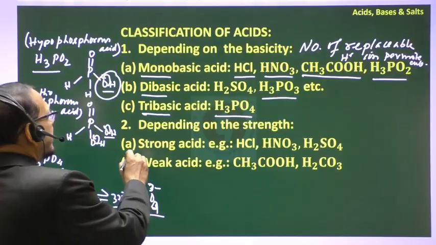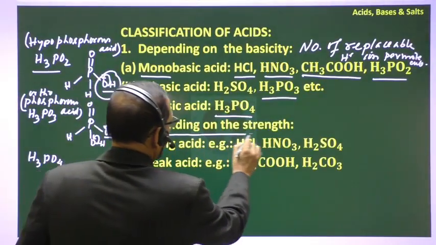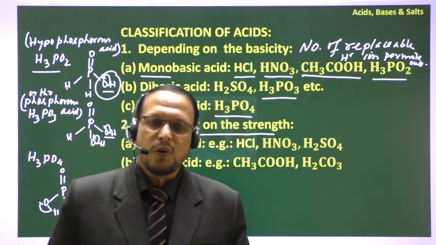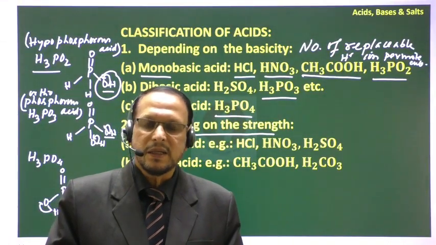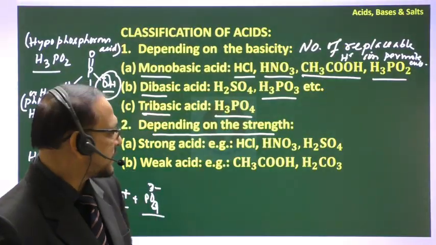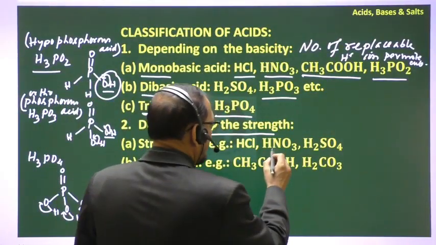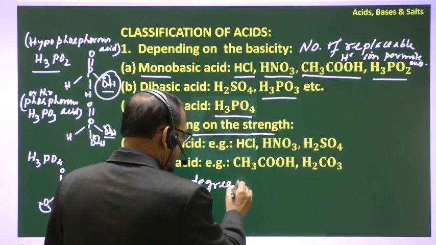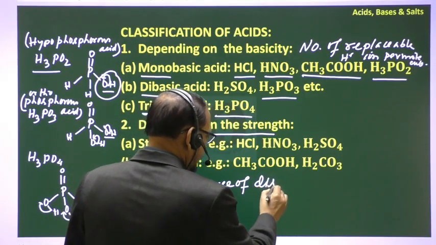Now, next is depending on the strength. What is strength? Strength means the extent of dissociation, which is denoted by alpha or X. That is one important term, degree of dissociation.